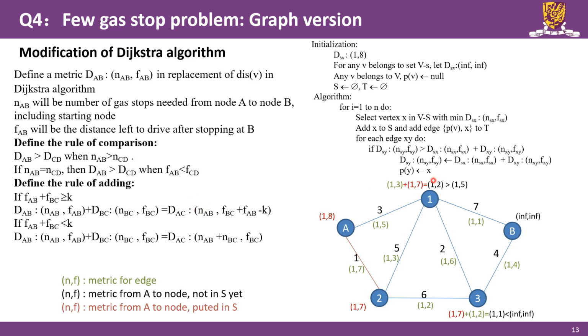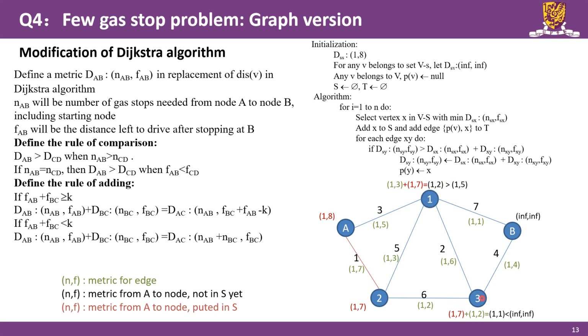And we can compare that, we find out that the result, which is correspond to this path A to 2 to 1, is further than the path between A to 1, that is tuple of (1, 5). So we will not update the metric of node 1.